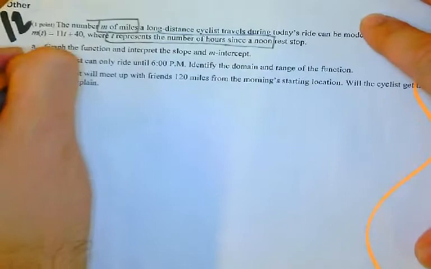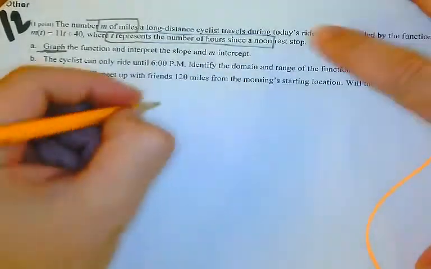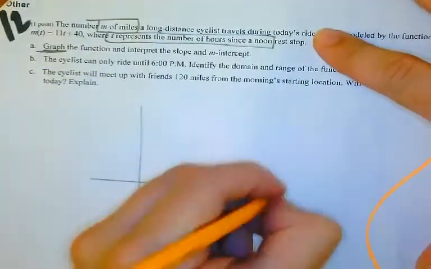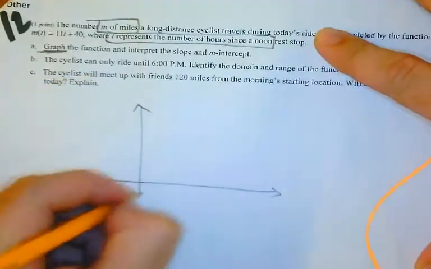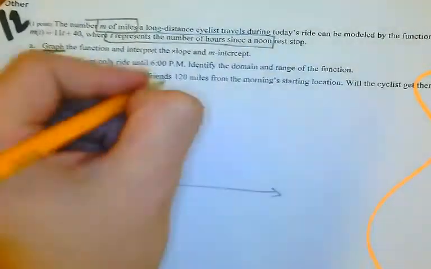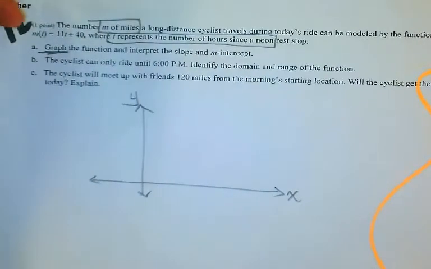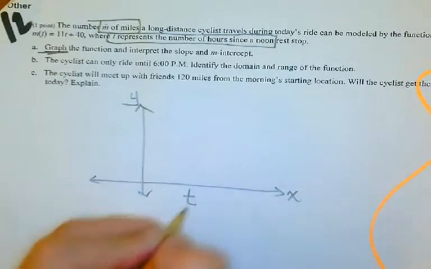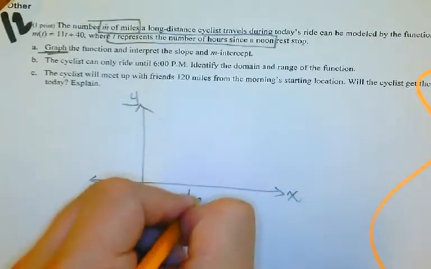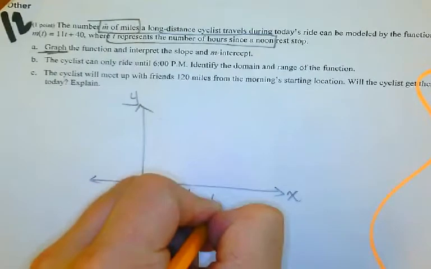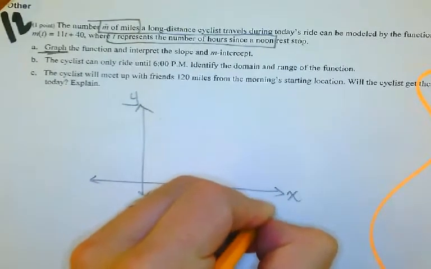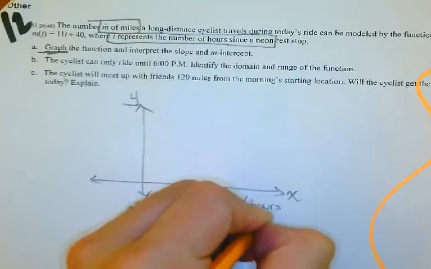So part A says make a graph first. So let's write our y-axis and our x-axis. Let's label. This is T for time in hours from noon.